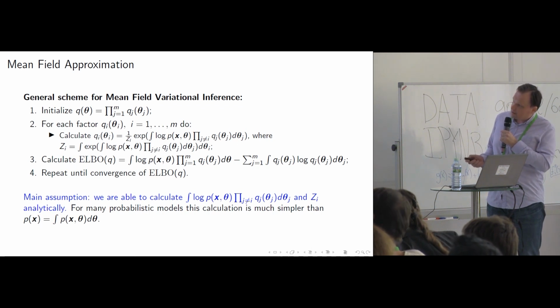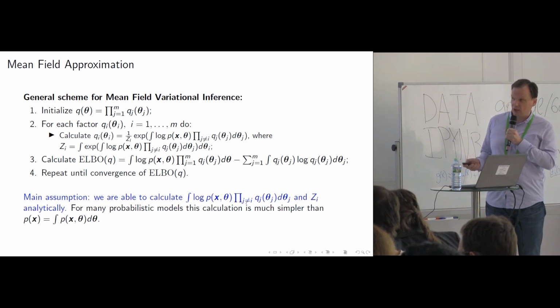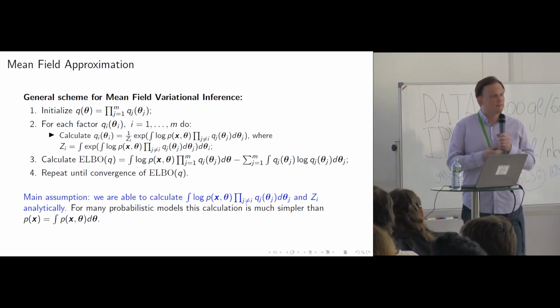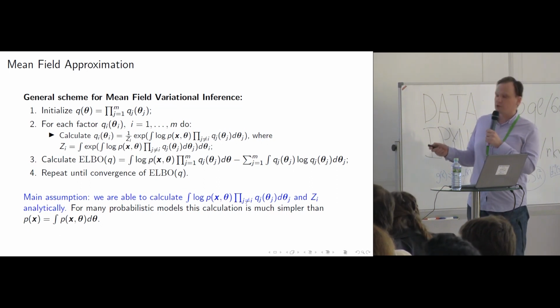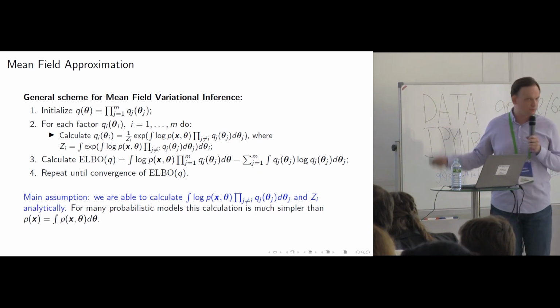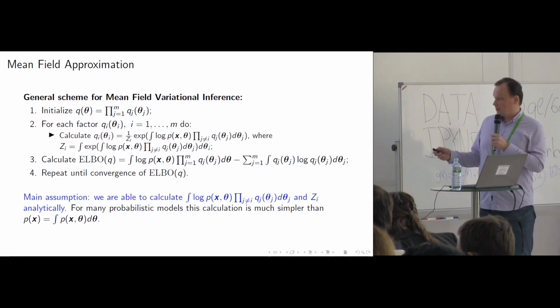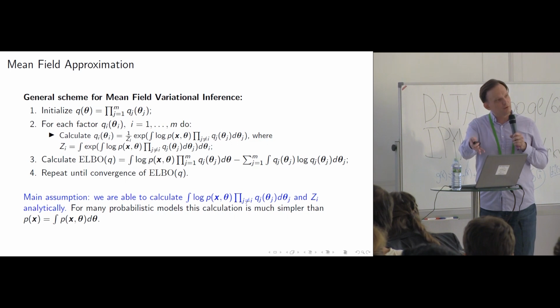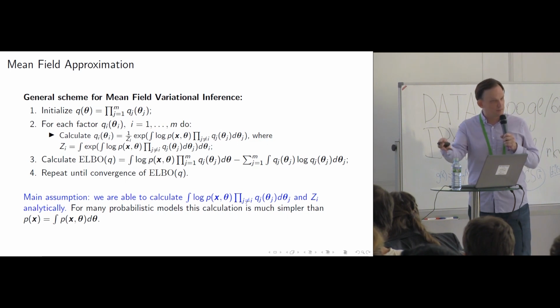You might note that here stands the log of a joint distribution and not the PDF function itself. And this is very important because, say, for example, our joint distribution is a multivariate normal distribution with respect to both groups of variables. So if we take a log of a joint, it would be a quadratic function. There would be functions that involve only linear terms and some quadratic terms.